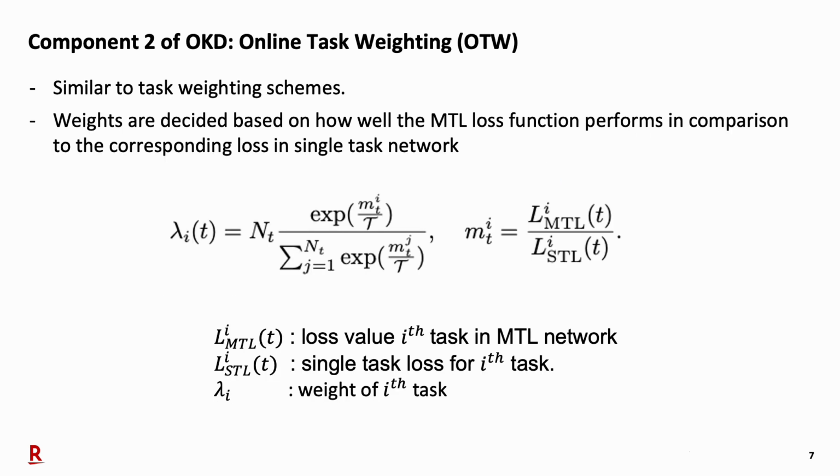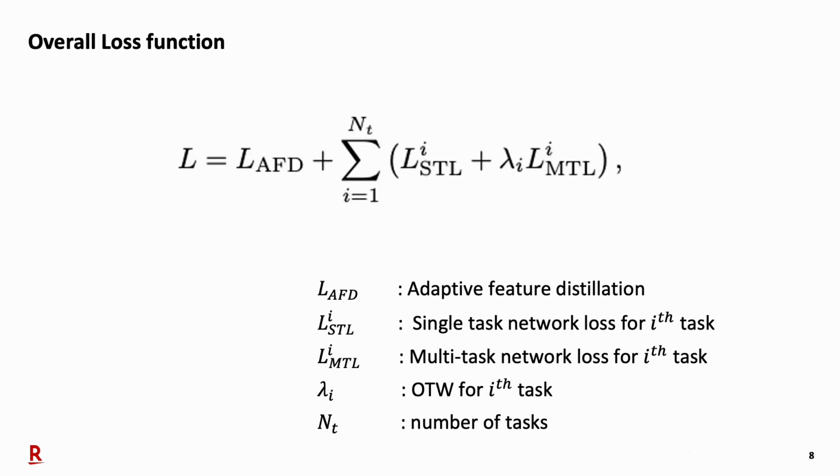The second component is termed online task weighting, or OTW, where we compute weights for task-specific loss functions based on the loss values of the multitask and single-task networks at that time step. Higher weights are given to tasks for which the multitask loss is larger than the corresponding single task loss at that time step.